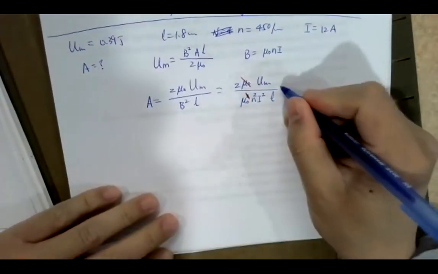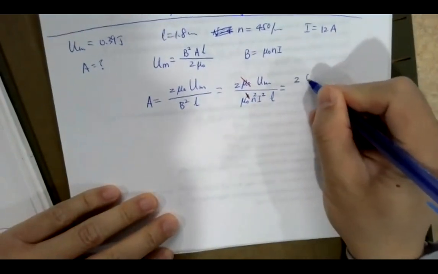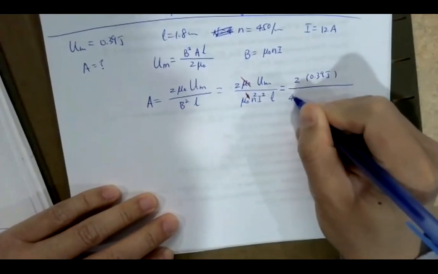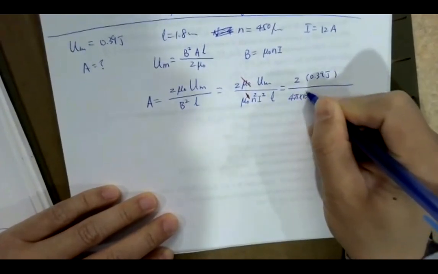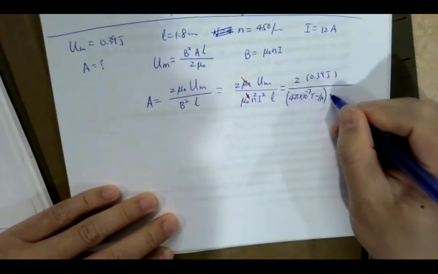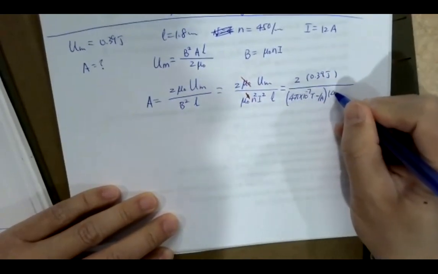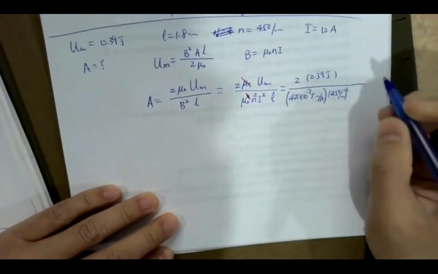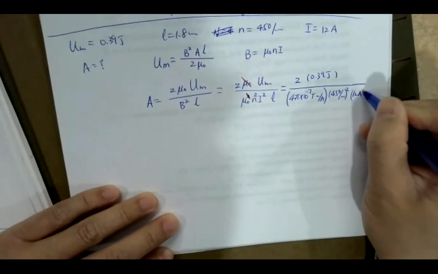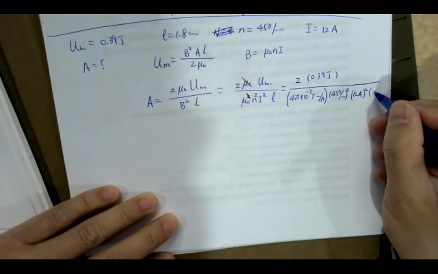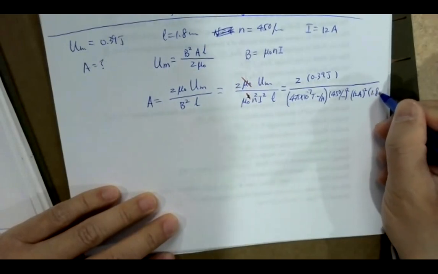Then after that, you can just put in your numbers. 2 times 0.39 joules divided by mu naught, which is 4 pi times 10 to the minus 7, times 450 per meter squared, times 12 amps squared, times L, which is given as 1.8 meters.